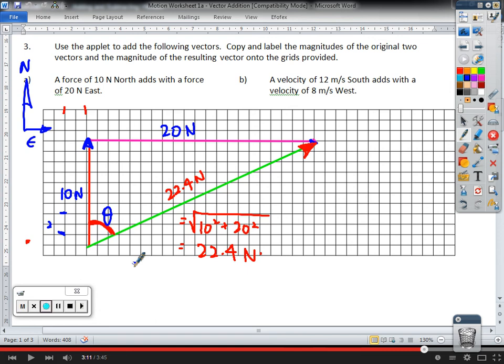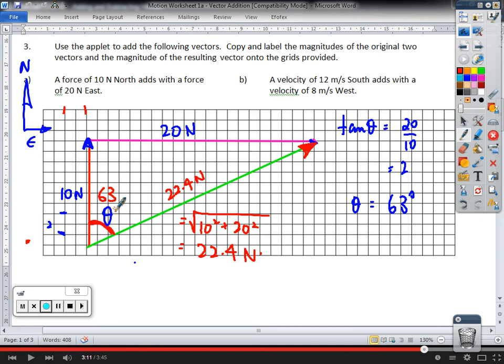Use a little bit there to refresh on sine, cos and tan. Are you okay with that? So tan theta would equal opposite, which is 20 over 10, which is 2. So theta would equal shift tan, inverse tan of 2. Can I get a value on shift tan of 2? 63. We'll go to the nearest whole, 63 degrees, and that means that this here is 63.